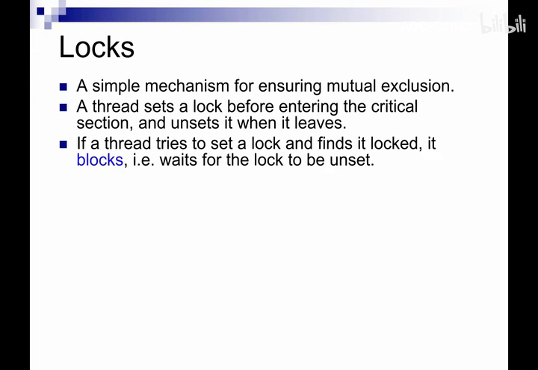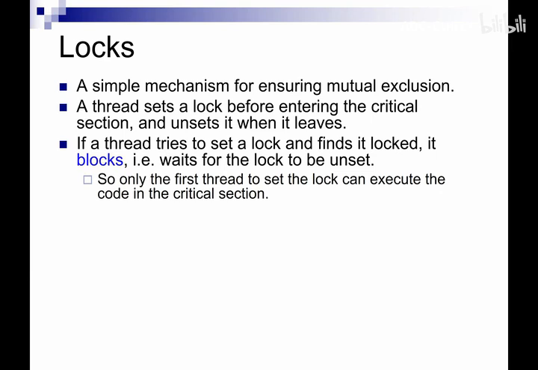If the lock is open, a thread can set the lock, and then the lock becomes locked. But if a thread tries to use the lock and the lock is already locked, the thread won't be able to do anything. It'll just block. It'll have to wait until the lock is unset.